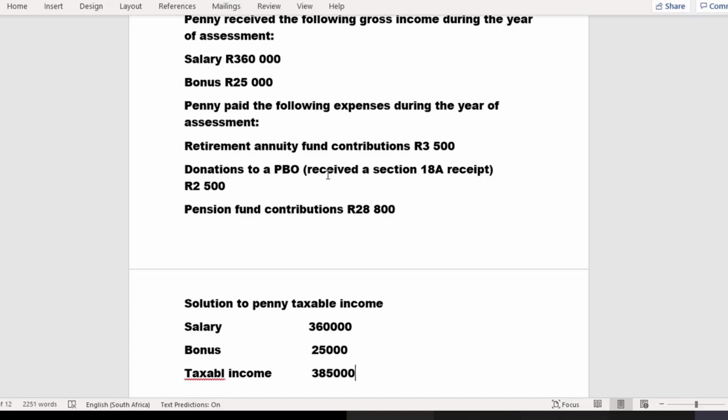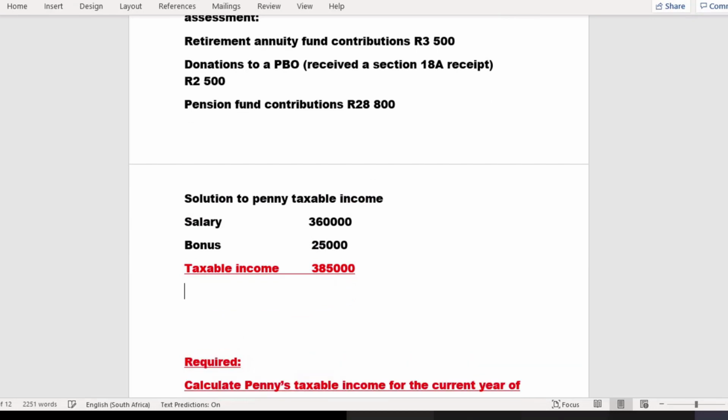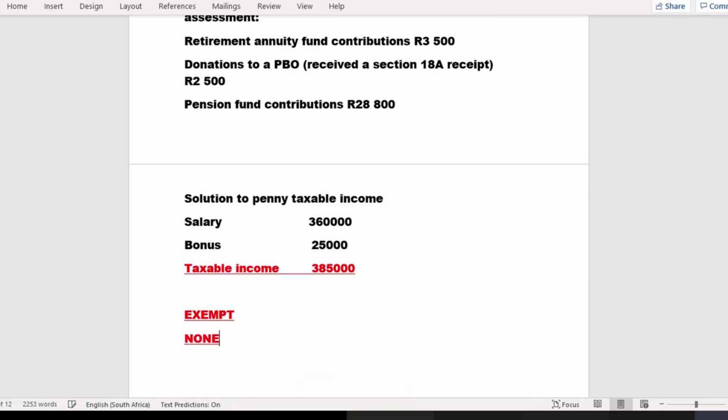That's your taxable income. Sorry, let me just rectify this. So this is your total income. And then you're going to have what's called the exempt income. Any exempt income, so you just say none. No exempt income.